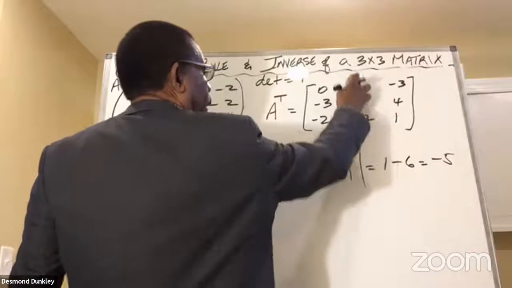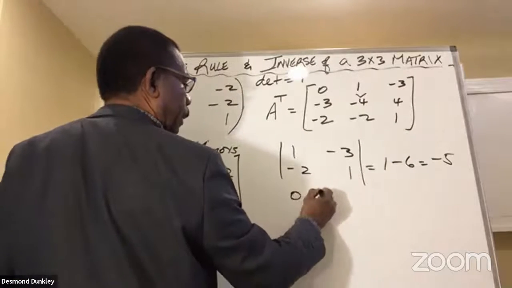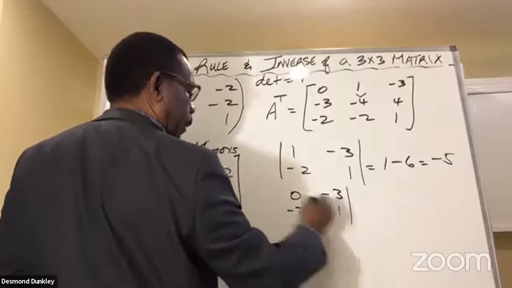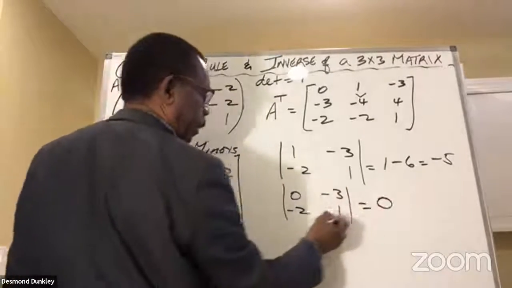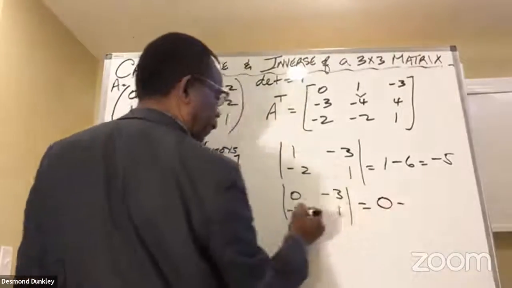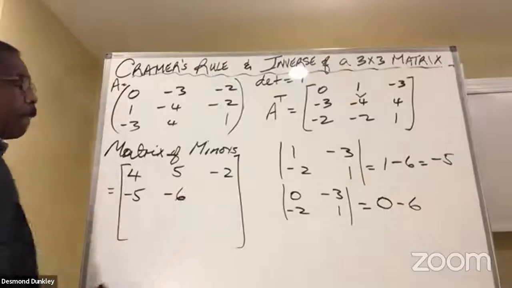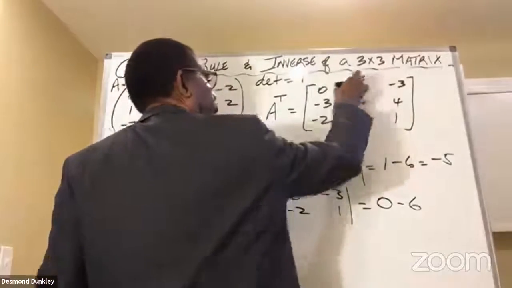So we're left with 0, negative 3, negative 2, 1. 0 times 1 is 0, minus 3 times 2 is 6. It's negative 6. Then we're down to this one right here.